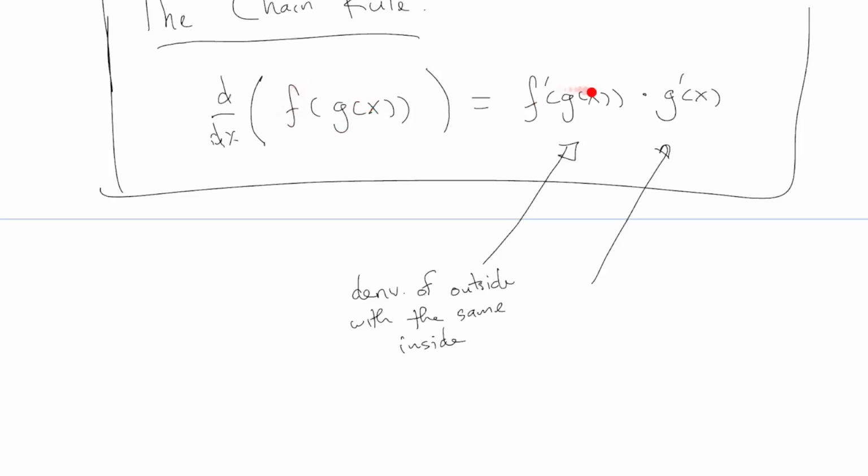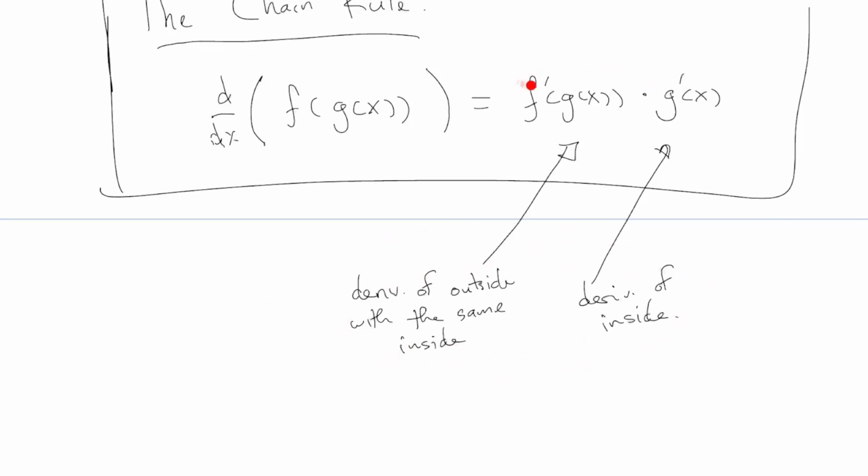This first thing represents taking the derivative on the outside, but leaving the inside like it was, all right? So this is the derivative of the outside with the same thing on the inside, and then separately times the derivative of the inside. So this part is the derivative of the inside. All right? And you multiply those two things together. This is the chain rule. And this is really how I have the chain rule memorized.